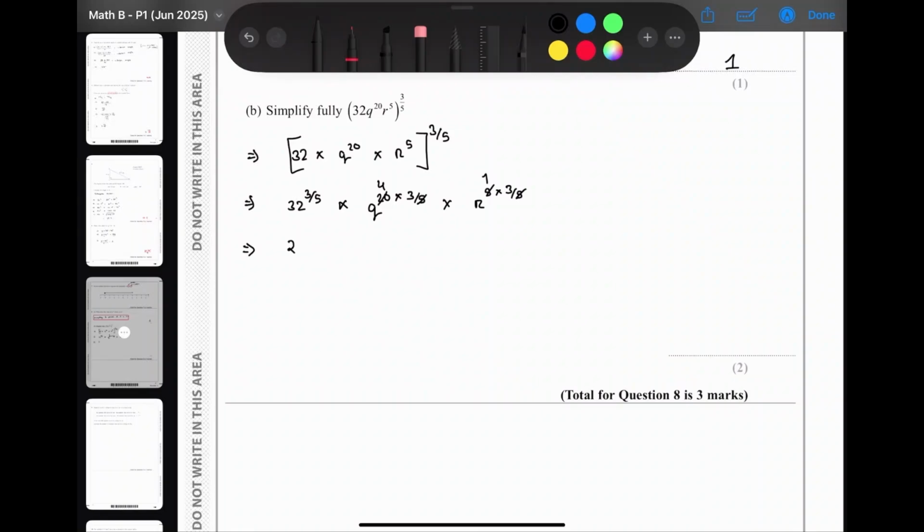We can also rewrite 32 as 2 to the power of 5. Hence, we get the simplified answer.